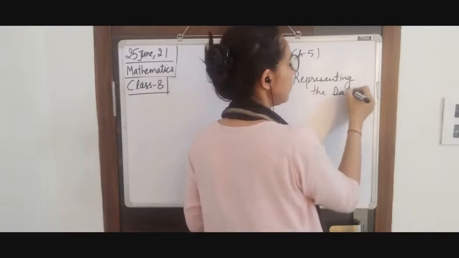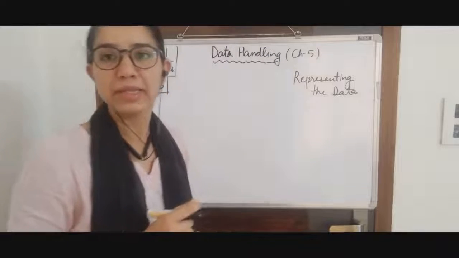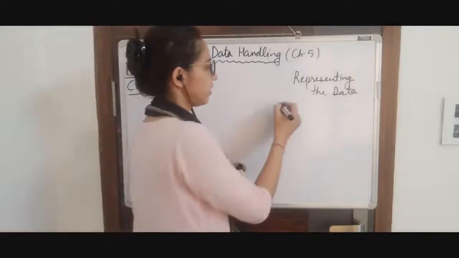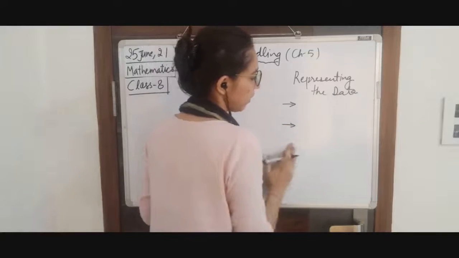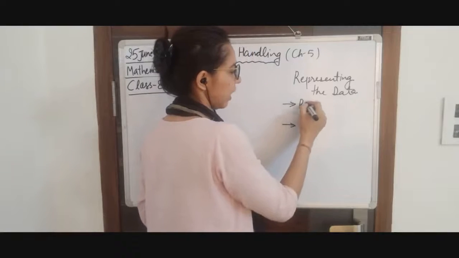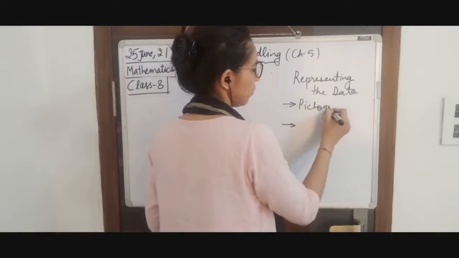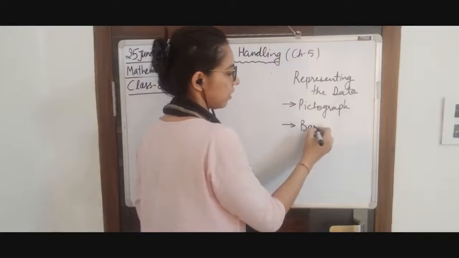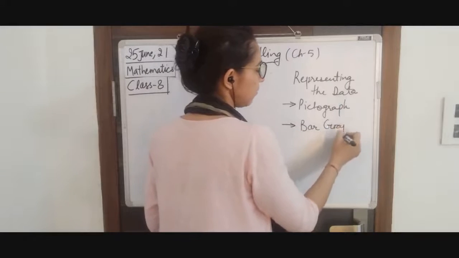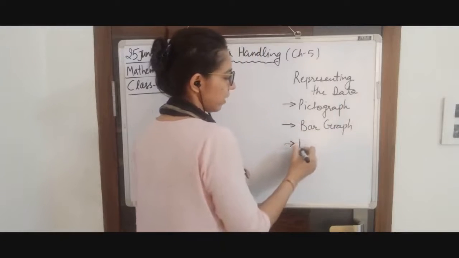We covered three main ways of representing data. First was using pictograph. Then we had bar graph, and then we have double bar graph.